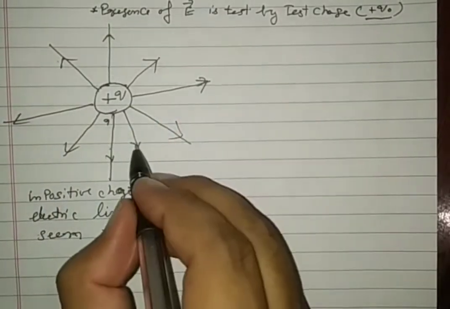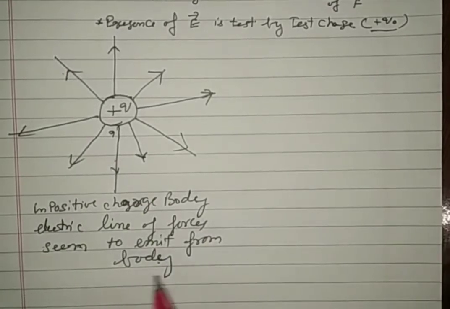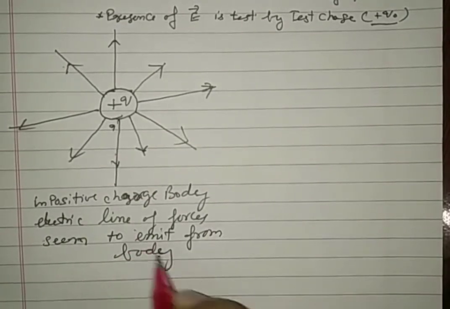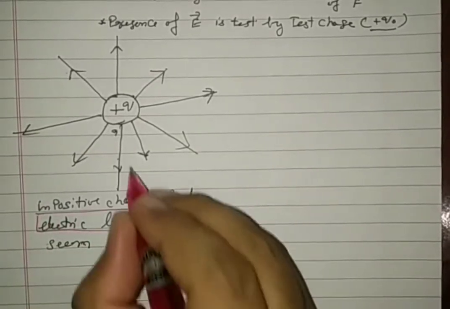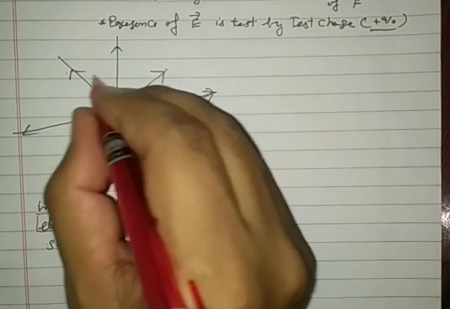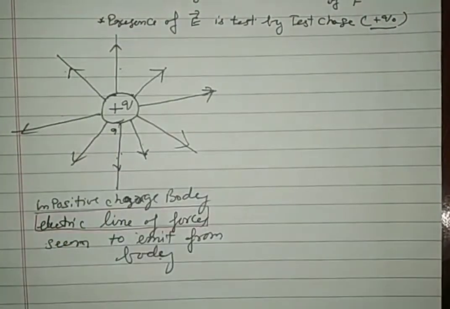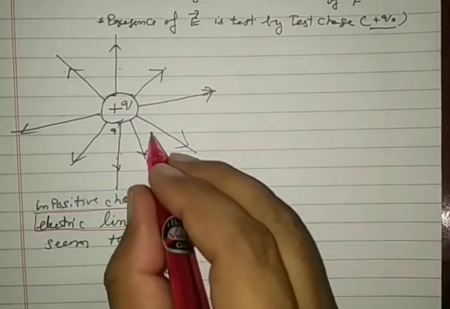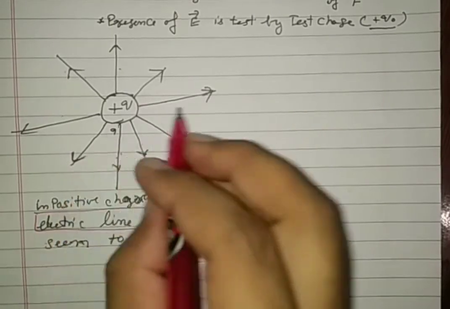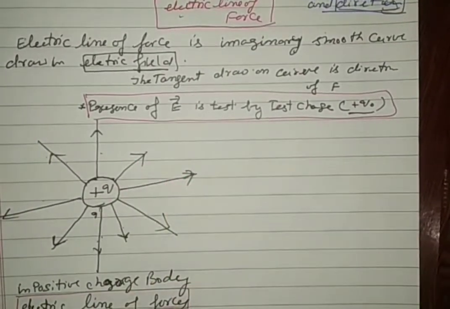More than one line is called electric line of forces. See here, these are electric line of forces. One is an electric line. The group of these, here in an isolated positively charged body, when we test with a test charge, seem to emit from it.